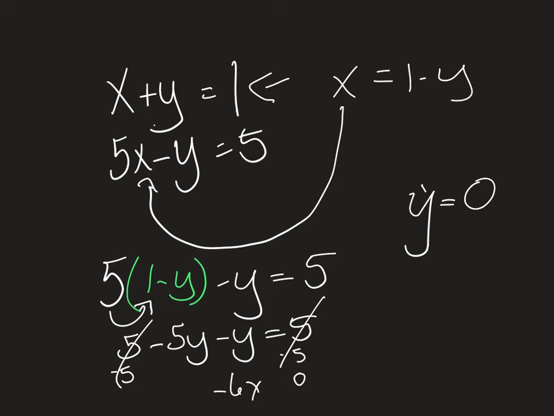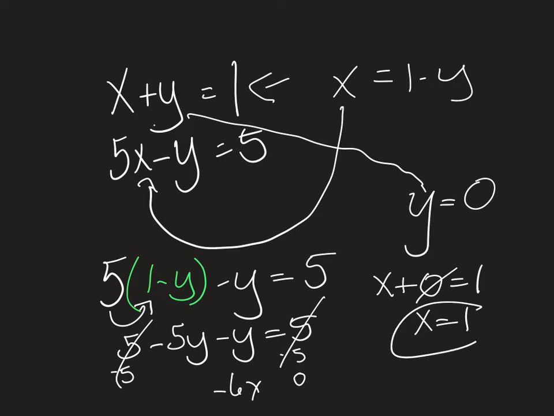So then I'm going to substitute my y in now, and you can use either equation. So I'm going to go x plus y, which is 0, equals 1. So now x equals what? 1.